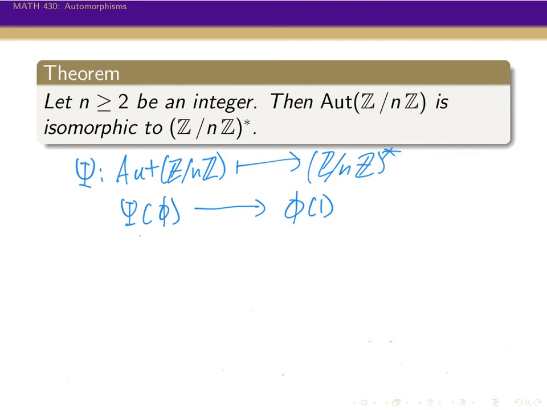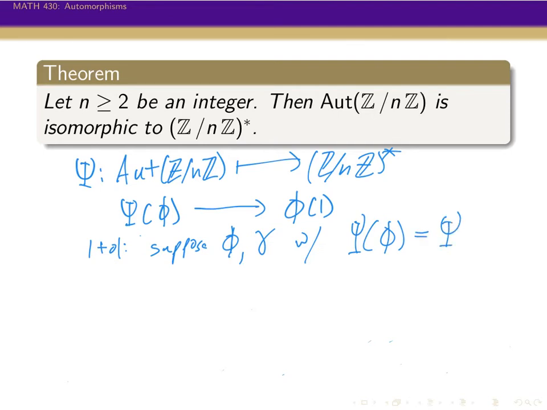Next, we're going to show that this psi is one-to-one. So to show that psi is one-to-one, let's suppose that we have two different maps, let's call them phi and gamma, with psi of phi equal to psi of gamma.